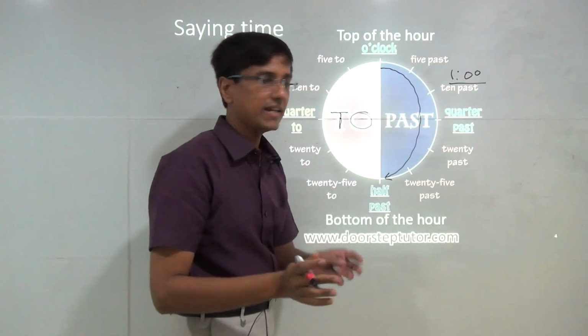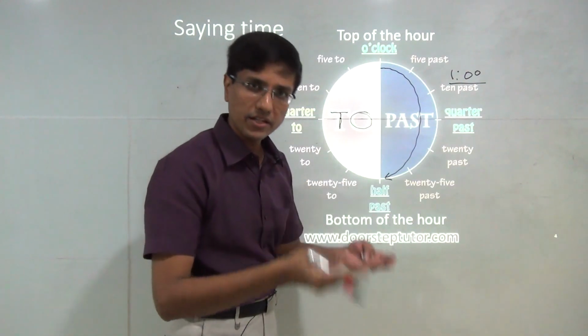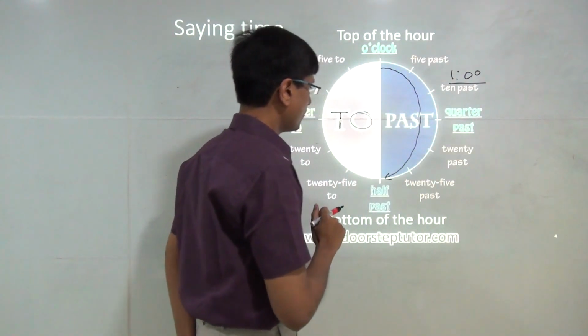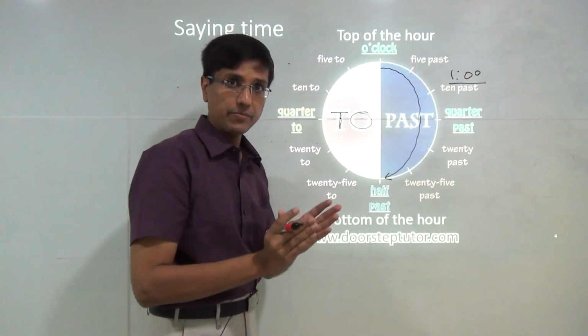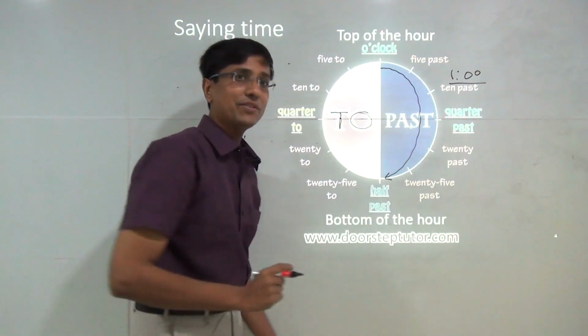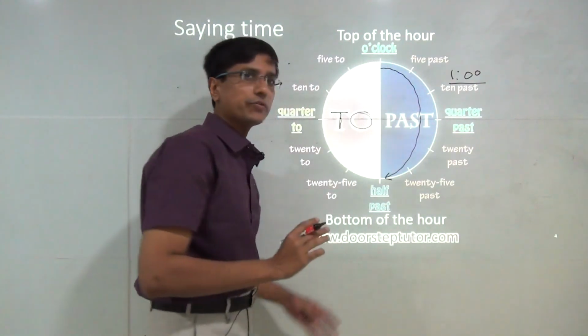Similarly, all the times till 30 minutes are represented in terms of past. For example, 5 past 1, quarter past 1, which means 1:15, and so on and so forth. After half past, which means after 1:30, instead of saying times in terms of 1, we would start saying times in terms of 2, because we are now closer to 2.